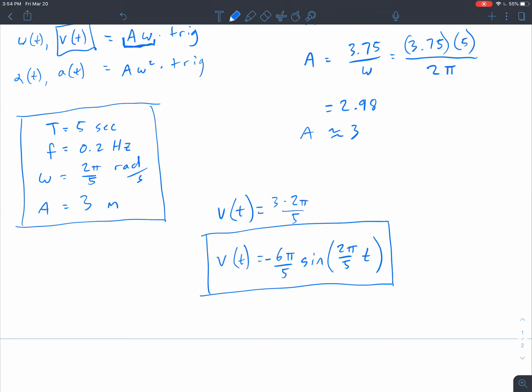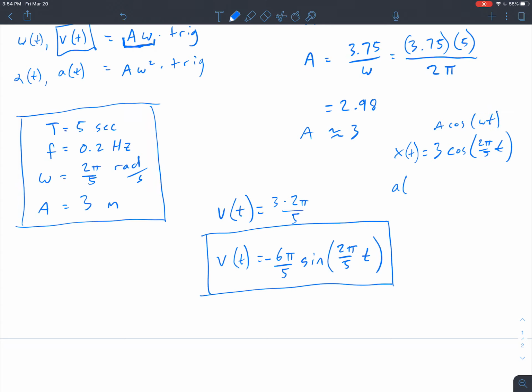Just like so, our x of t would be just the amplitude 3, and it would be cosine 2 pi over 5 omega t. That's a cos omega t.